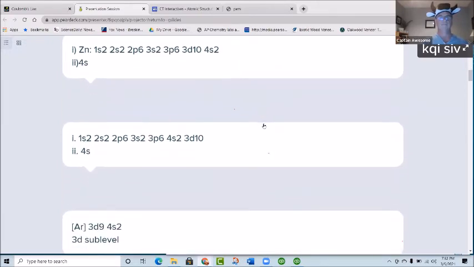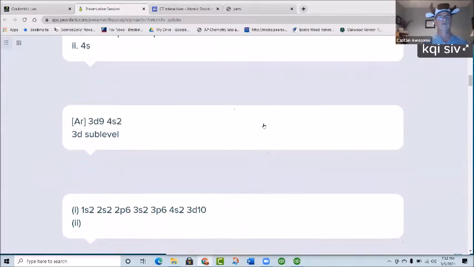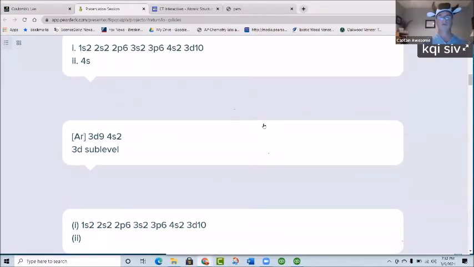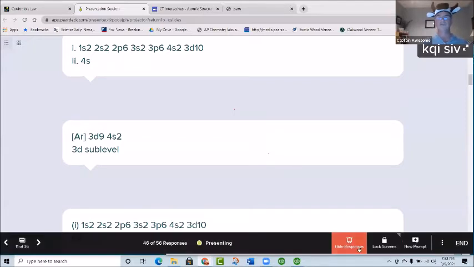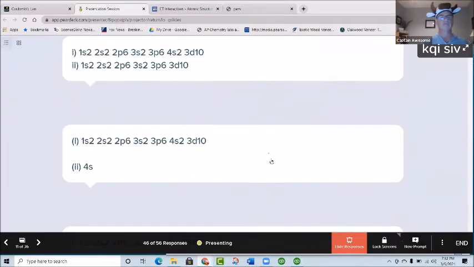That's good. All right, so the person that wrote argon 3d9 4s2, it says write the electron configuration for a zinc atom. So maybe that's okay, or maybe they want the whole one. We'll know in just a minute when we look at what the rubric asks for.